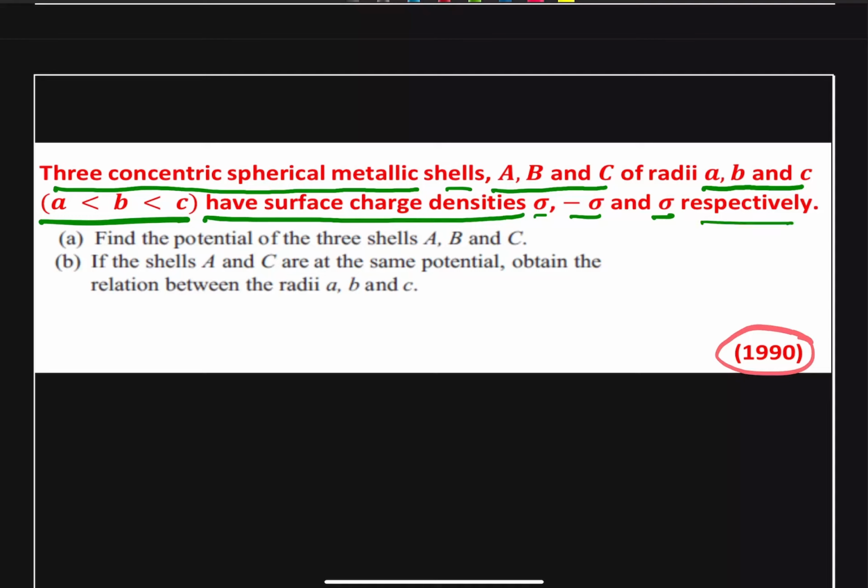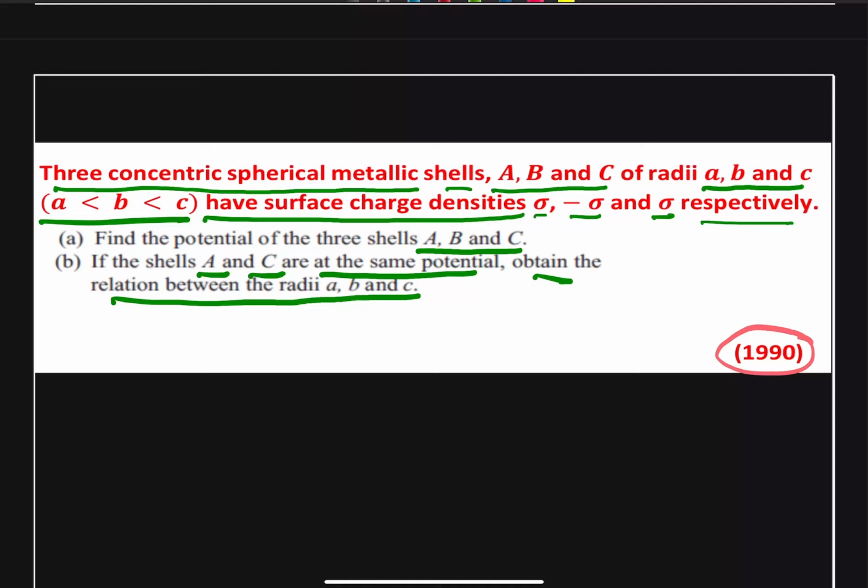So we have two questions based on this description. First one is find the potential of the 3 shells A, B and C. And part B states that if shells A and C are at the same potential, obtain the relationship between a, b and c.